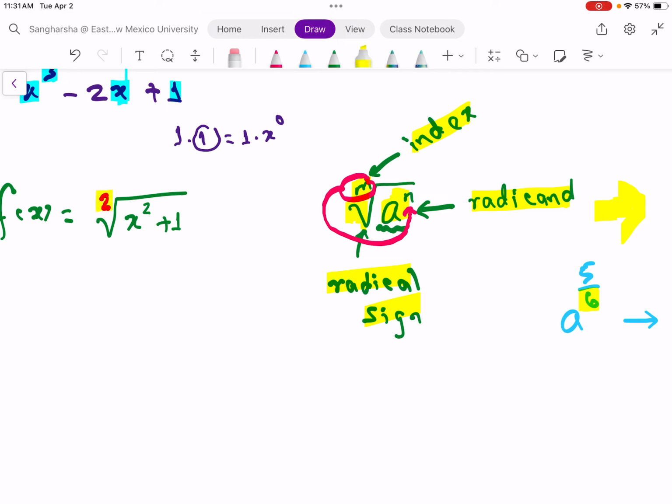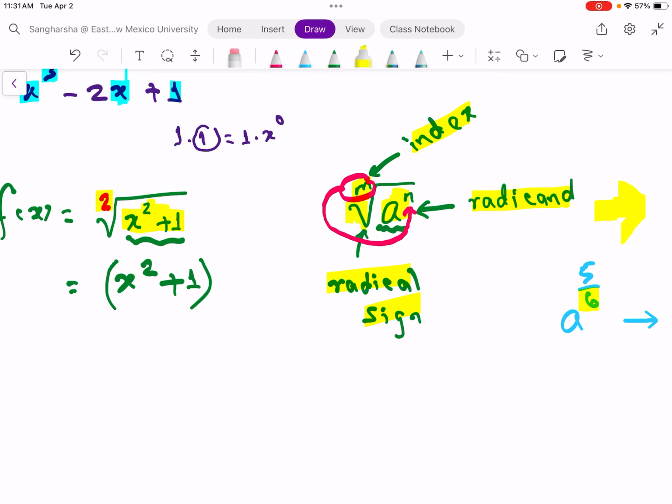So here we're going to write this without using the radical sign. Let's write whatever we have under the radical sign: x squared plus 1. And what is the exponent of this radicand? Our radicand is whatever we have under the radical sign. What is the power of this radicand?